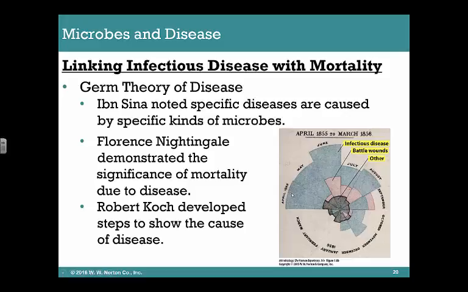So you can see during this period of time from April all the way to November and December, the largest wedge for most of these months was the mortality or the deaths due to infectious diseases.